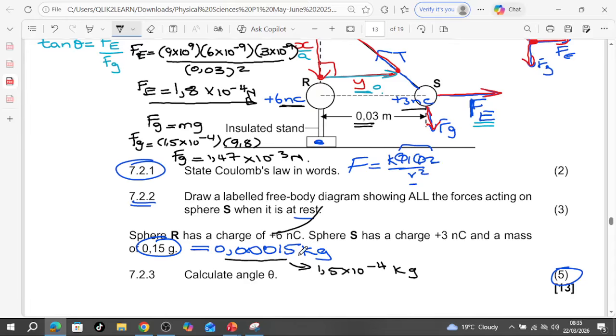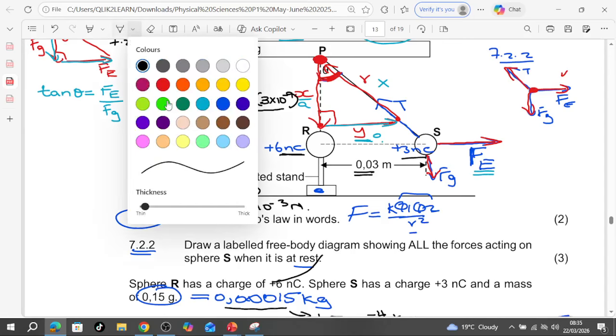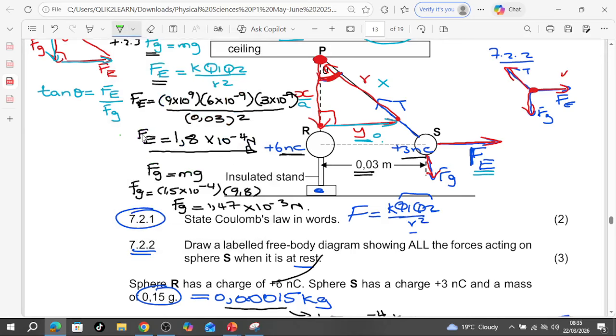Let's substitute now to find theta. I think this makes sense. I think everyone is happy on how we got the Fe, and I think everyone is happy on how we got that Fg.